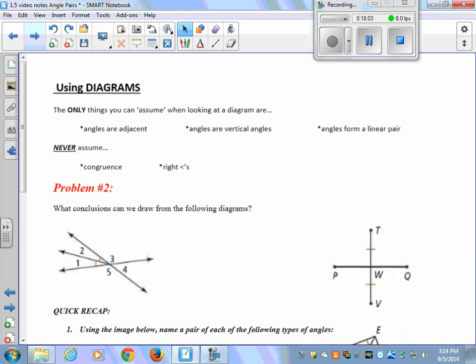And you can assume that the diagram is showing you a linear pair if it looks like the line is a straight line and there's a ray coming off of it. You can assume that's a linear pair. But you cannot assume things are congruent unless they are marked congruent. You cannot assume that things are right angles even if they look like they are right angles.